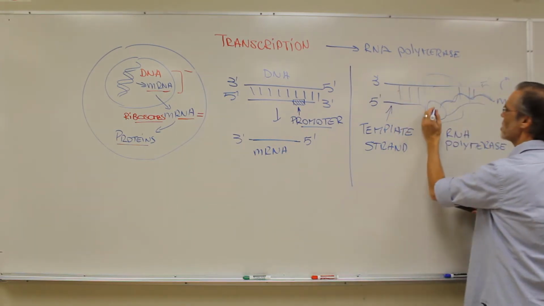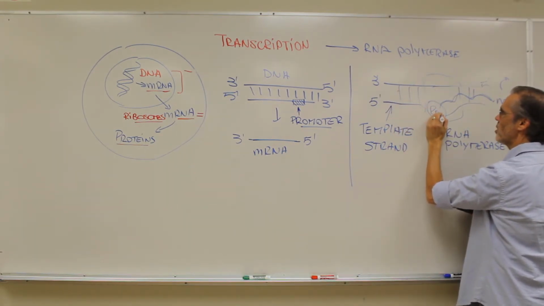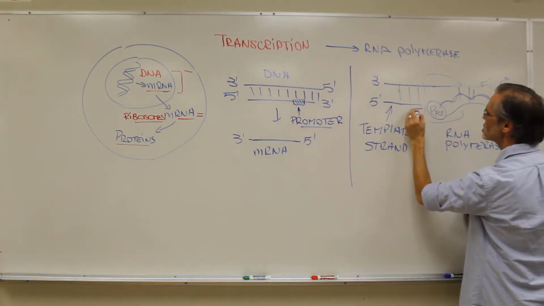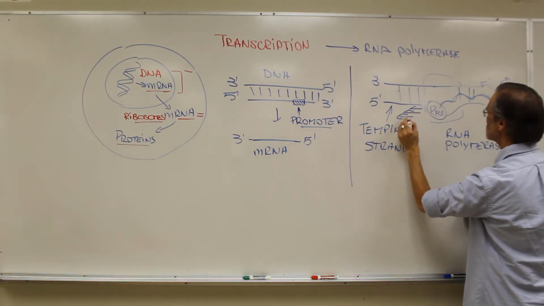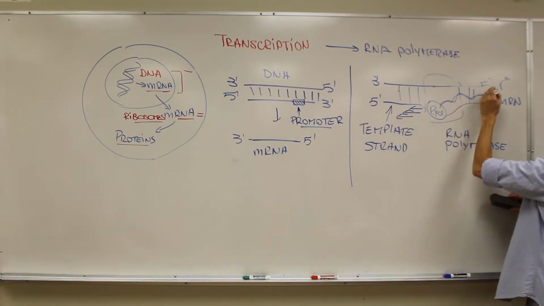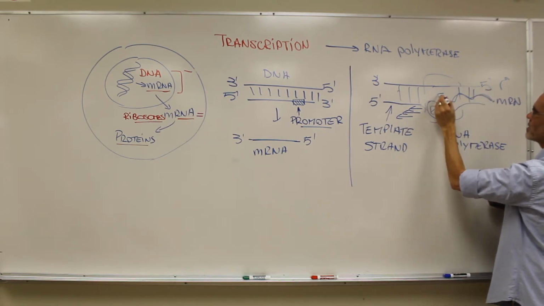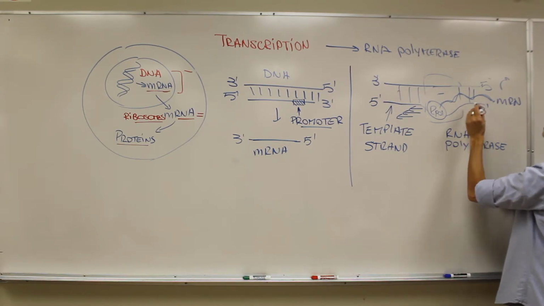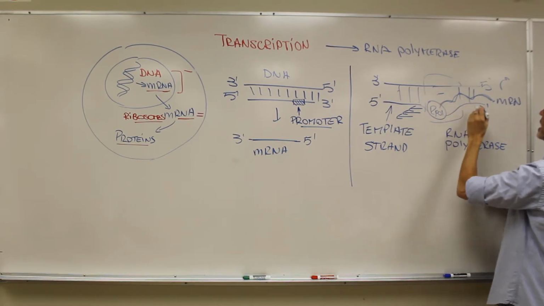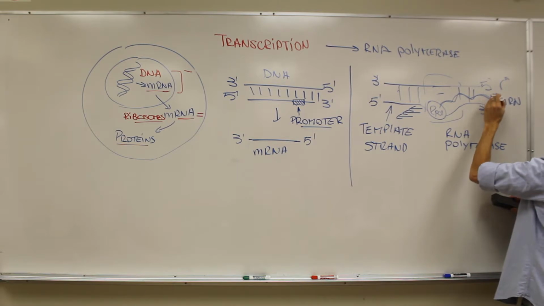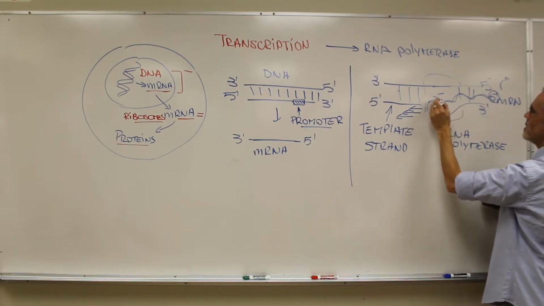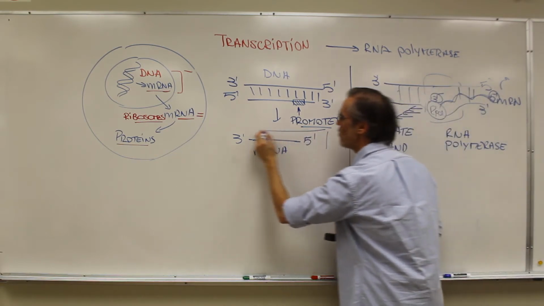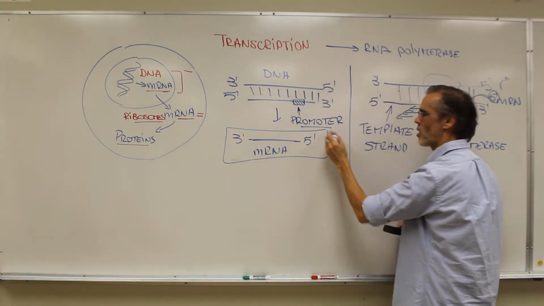So RNA pol, let's say R-pol, is moving in this direction right here, and it's creating this molecule. This is our 3' here. So basically it creates a 5' end here and a 3' end here, and that leads to the formation of this mRNA.